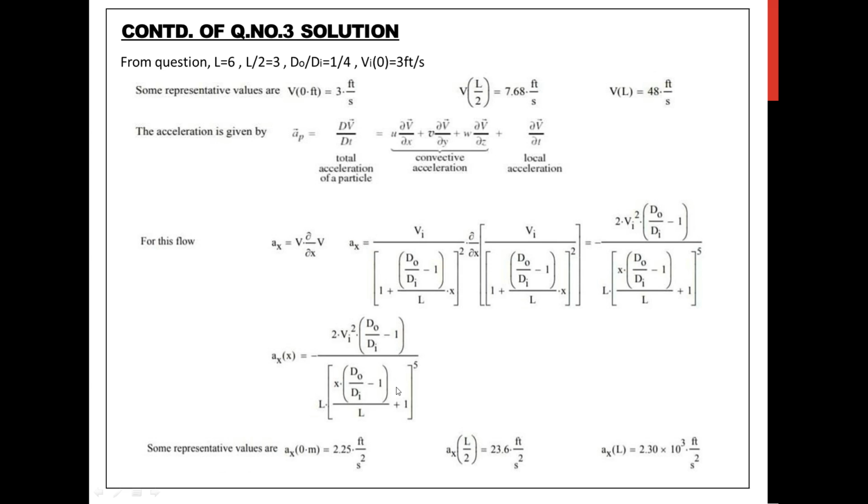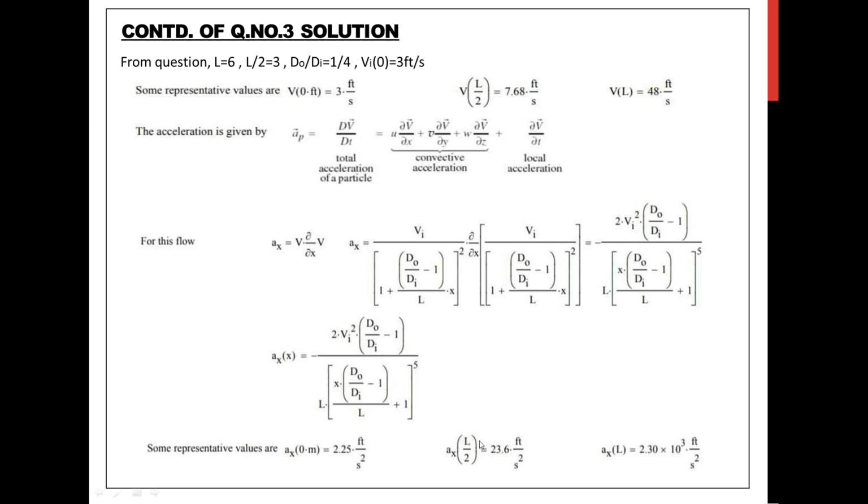Now putting some values, let us take some values of ax with respect to x in feet. When x equal to 0, putting all the values, we know all the values vi, d naught by di, and L, we get ax equal to 2.25 feet per second square.